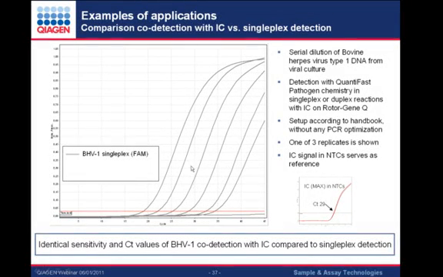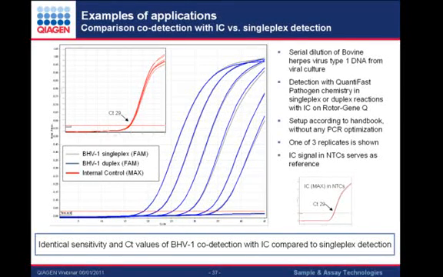Here the gray amplification curves show the signals for singleplex BHV detection. When you look now at the blue curves, these show the signals for the BHV duplex amplification with the internal control. Above here in red, you see the signals for the internal control.